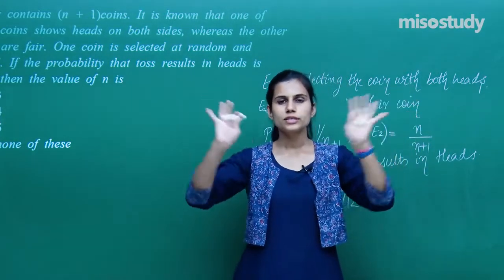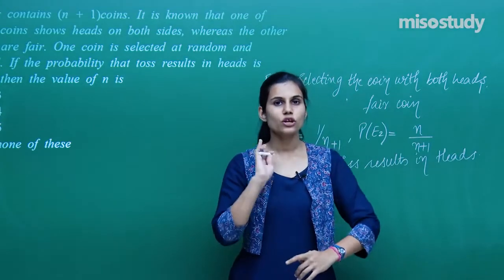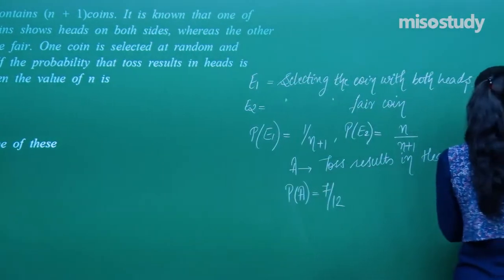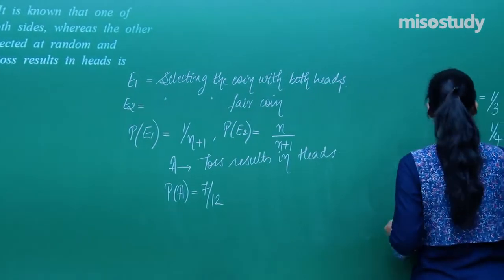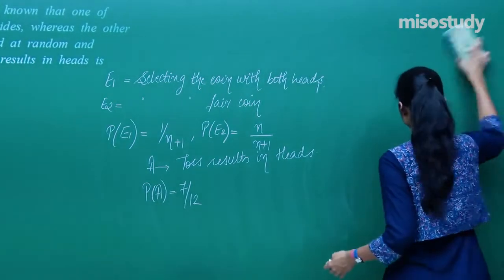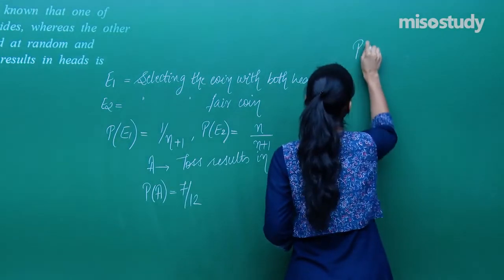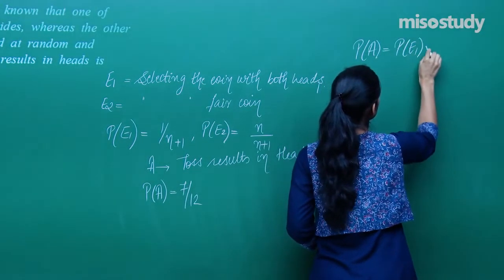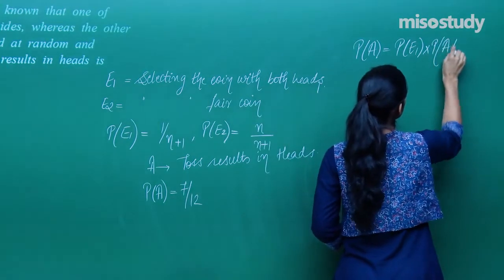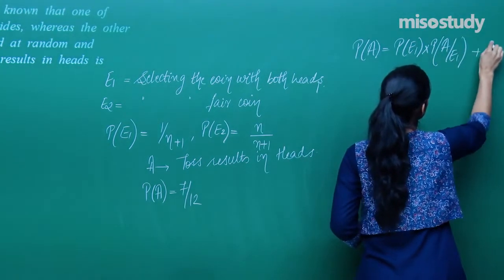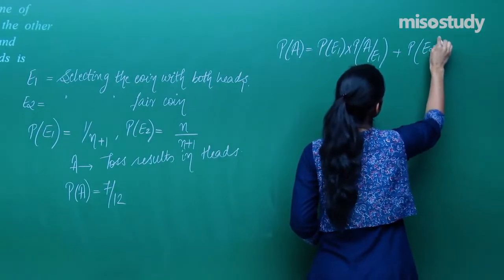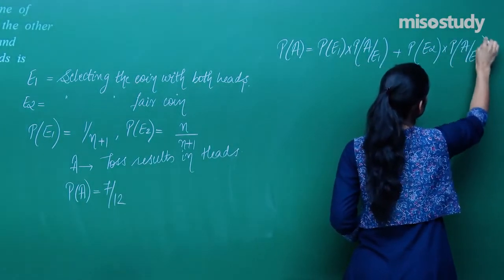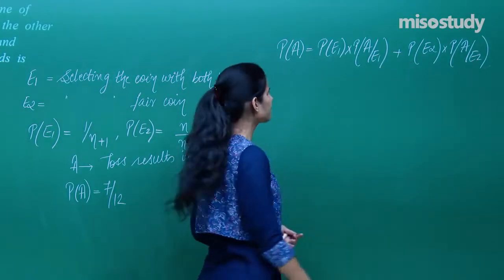So there are two sources for one event to take place, and therefore the concept of total probability pops up in here. And what you get basically is, according to total probability, probability of A is probability of the first source into probability of happening of event A from the first source plus probability of second source into probability of happening of event A from the second source.